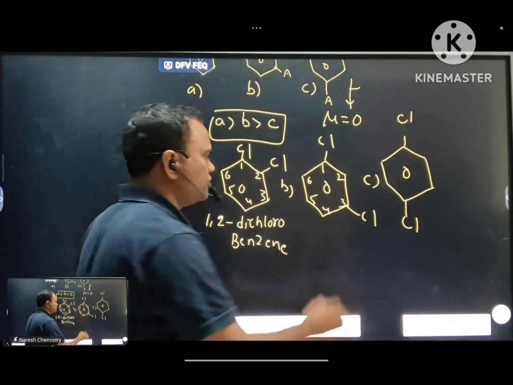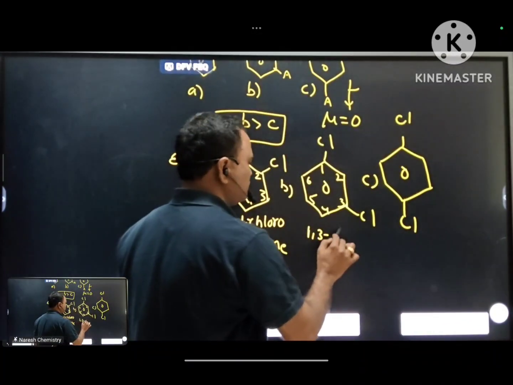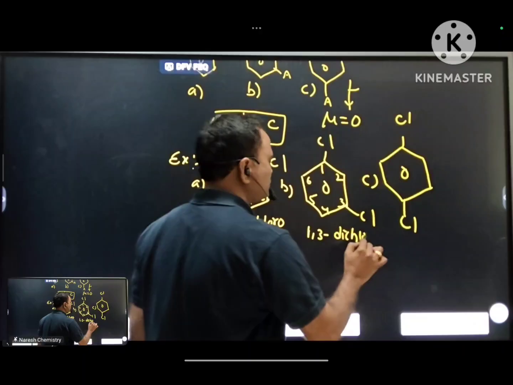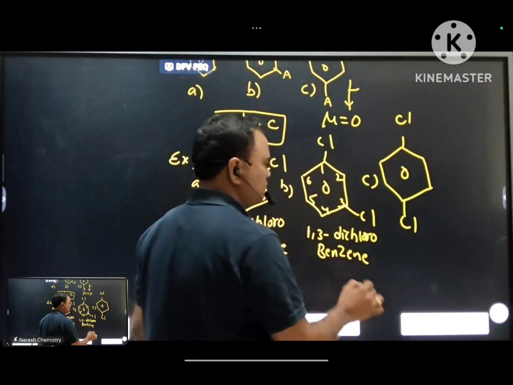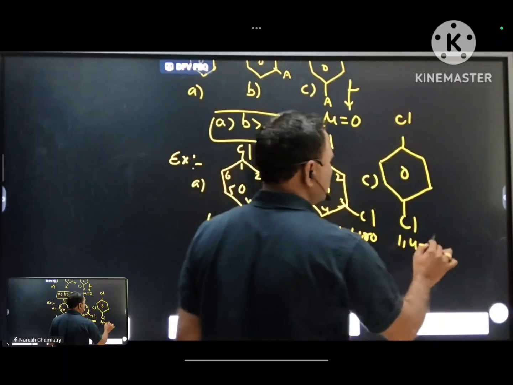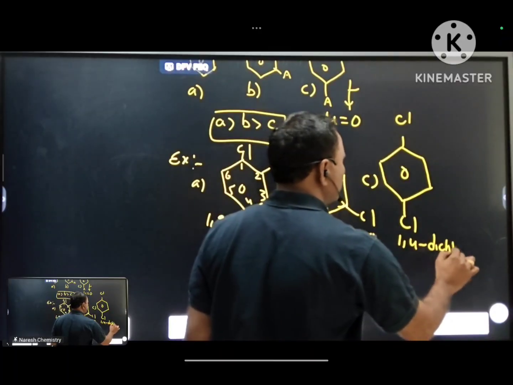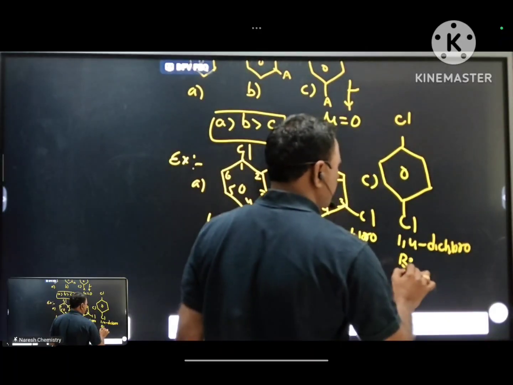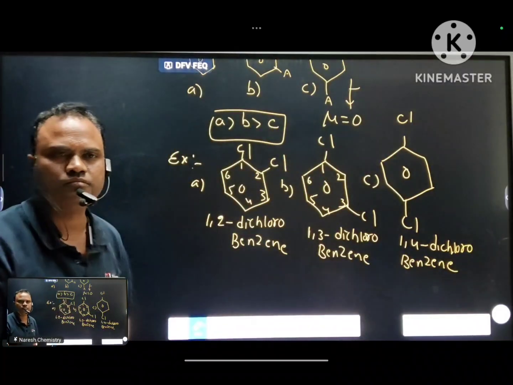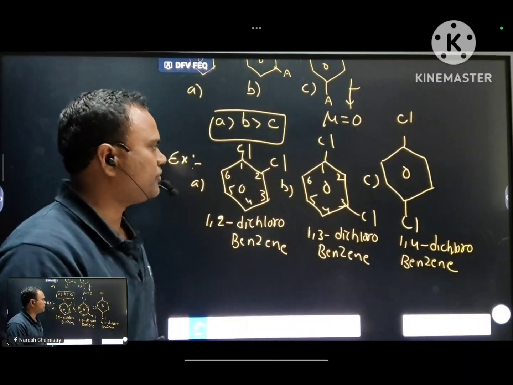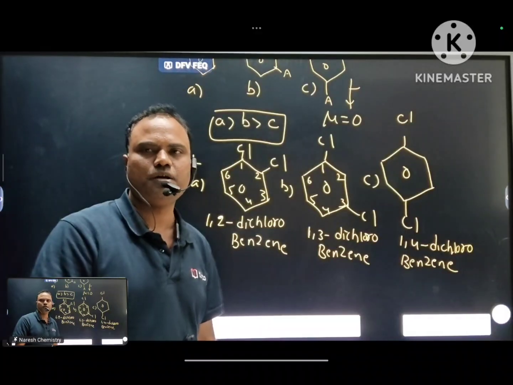1,3-dichlorobenzene or metadichlorobenzene, and 1,4-dichlorobenzene or paradichlorobenzene, which has 0 dipole moment.